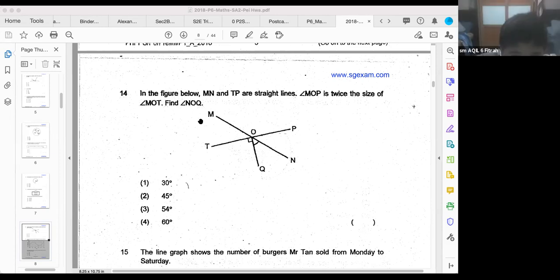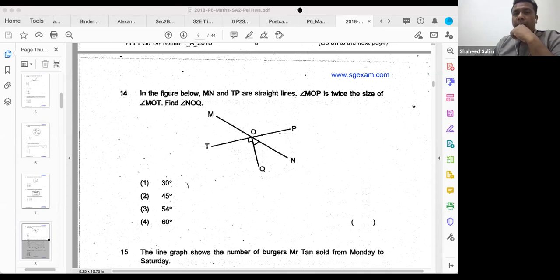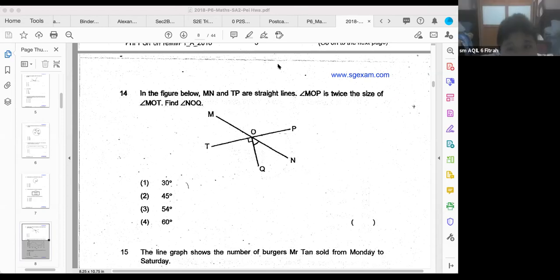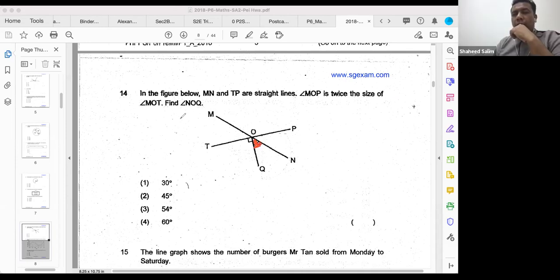Teacher, 180 minus 90, is it? Okay, Akil, just a moment. Say Akil, how you 180? Okay, now we want to find NOQ. You want to find NOQ down here. Where's M? Oh, MOQ. Okay, nice.